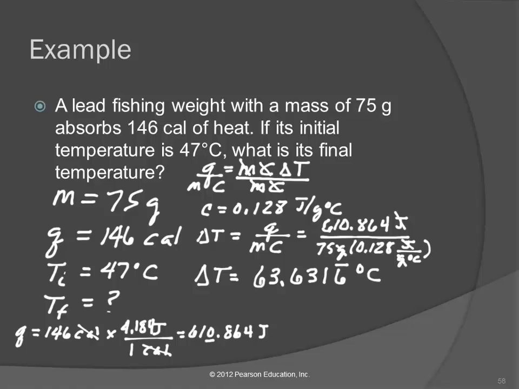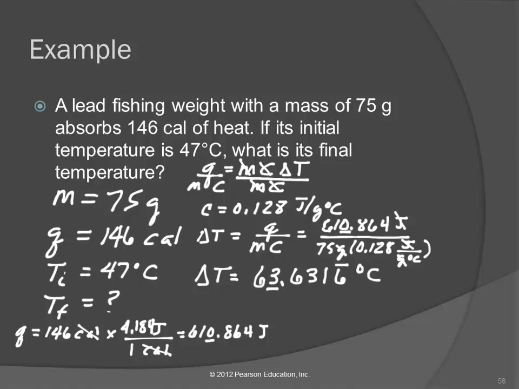Well, our numerator had 3. The 0.128 had 3, but 75 has only 2, right? So this should only have 2 significant figures.